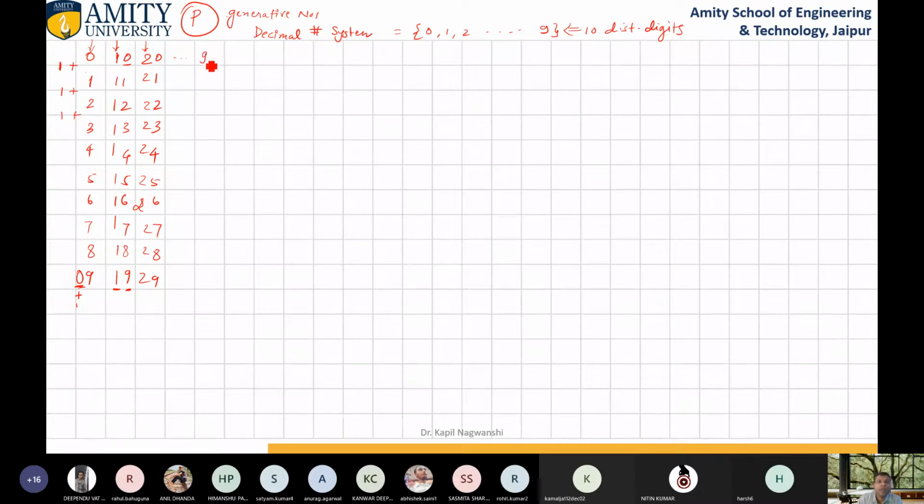Now 90 is coming, 91, 92, 93, up to 99. What will be the next number? Because both are extreme, we place 2 zeros here and 1 here. So this will become 100, and now start counting from 100. So this is the counting in decimal number system.